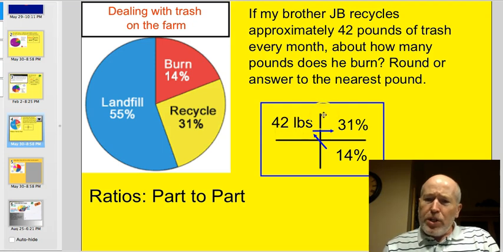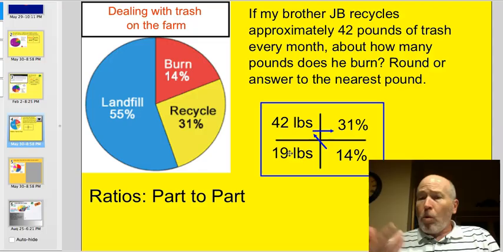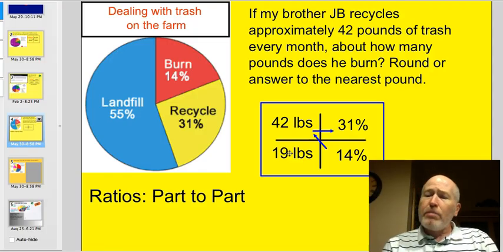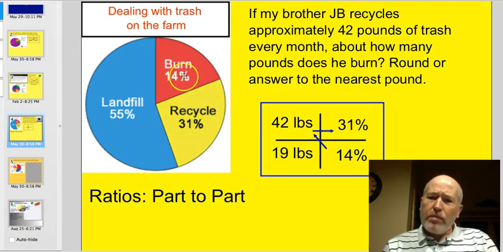So 42 is to 31 as something is to 14. I can multiply 14 times 42, divide by 31. Rounding to the nearest pound, that comes out to be 19 pounds. Let's see if that looks right. This larger area, 31. The smaller area, 14. Yeah, that looks about right too. I mean, the answer makes sense too.